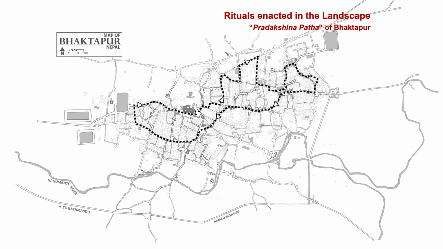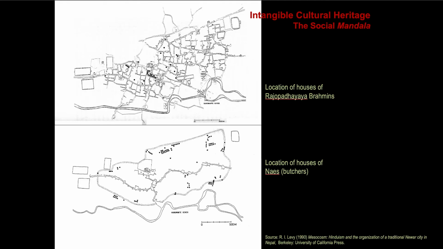So the most important thing is that the area within this boundary is considered the most sacred area of the town. The area outside of this boundary is not that sacred in the way that people think. And this is also related to another very interesting thing. The people who are of higher caste groups tend to live very close to that Pradakshina Patha, or the circumambulatory of the city.